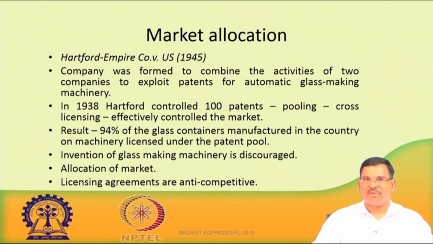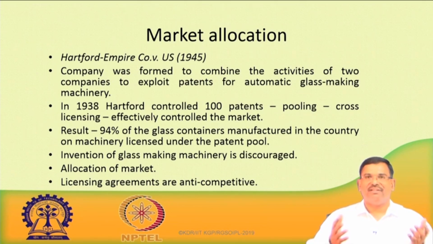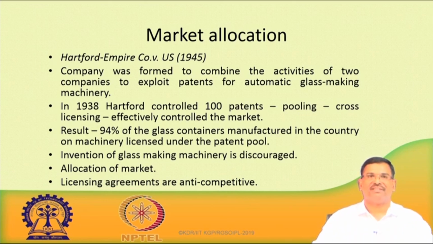Remember, intellectual property had not developed as of today during 1938. So, they effectively controlled 100 patents and completely controlled 94% of the market. The glass container manufacturing industry in the country was controlled, the machinery was controlled by this particular company.